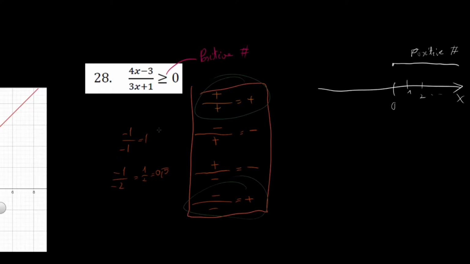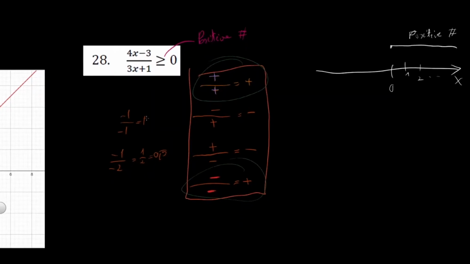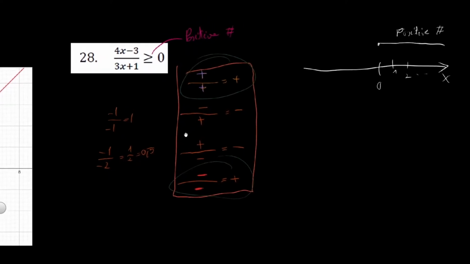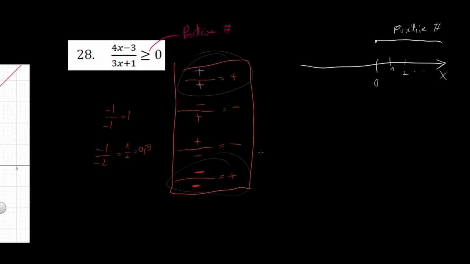So when is a fraction going to be positive? Well, if you divide a positive number with another positive number, or if you divide a negative number with another negative number. So let's just do experiments and see when that is going to happen, what kind of cases.